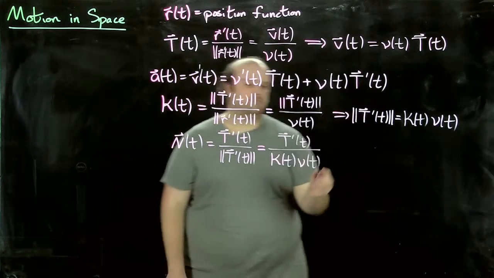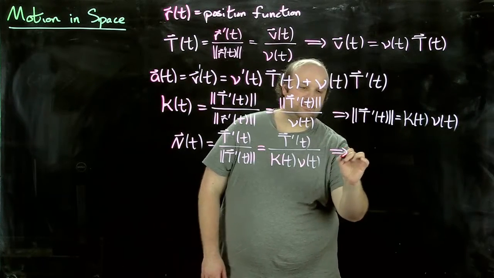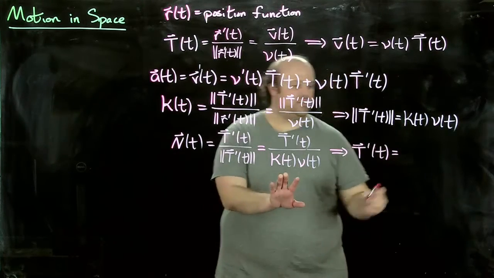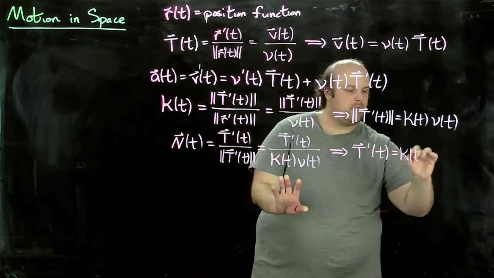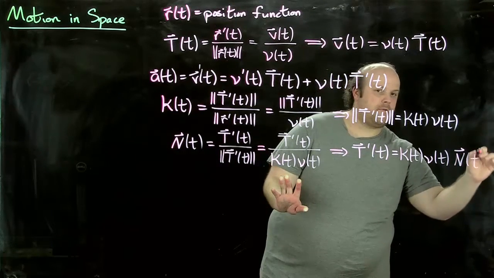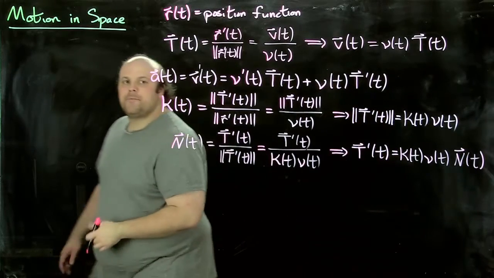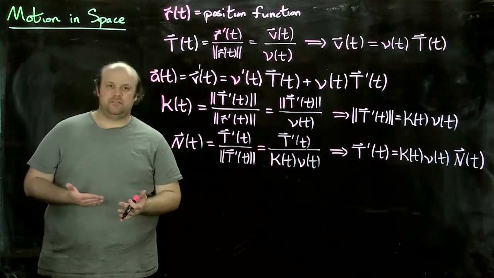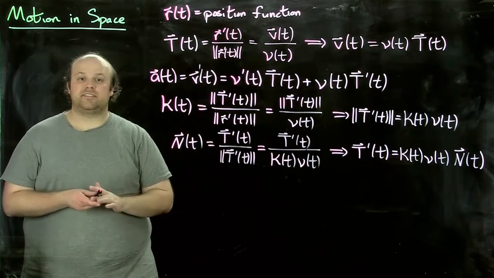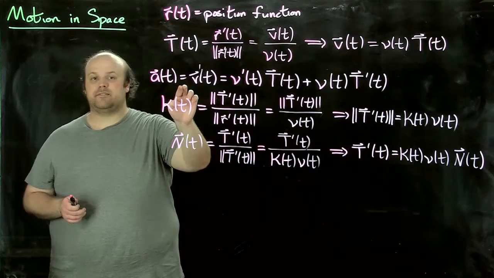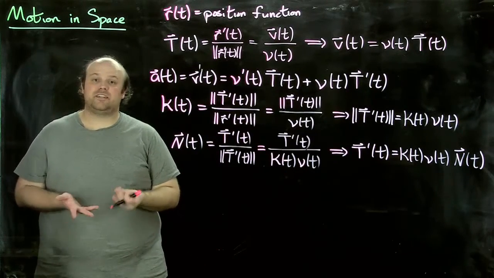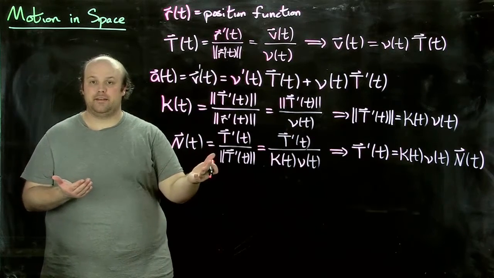This is just the curvature times the speed times N. So now we have a nice expression for T prime in terms of N. And now we're just going to substitute that back in up here for the acceleration, and then we'll have an expression of the acceleration in terms of T and N.